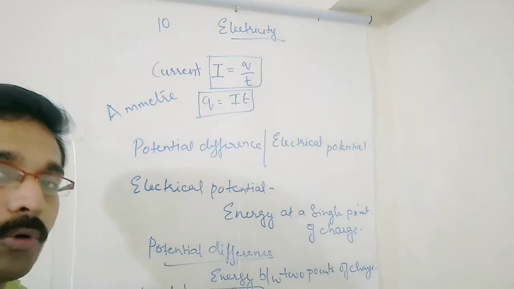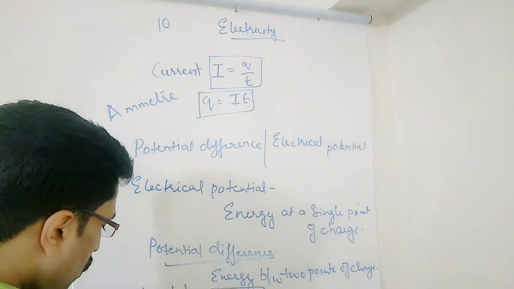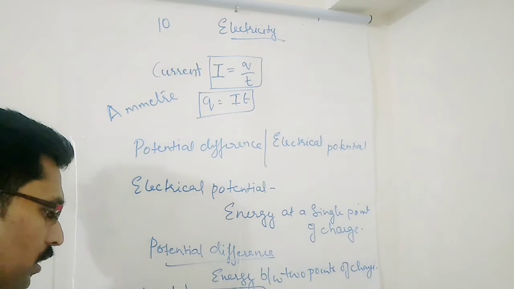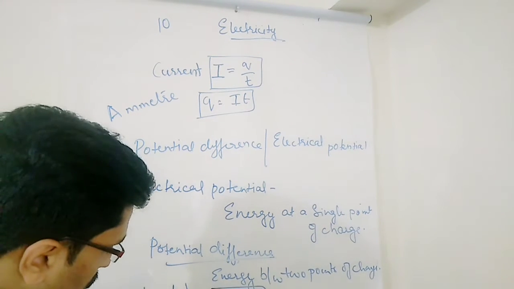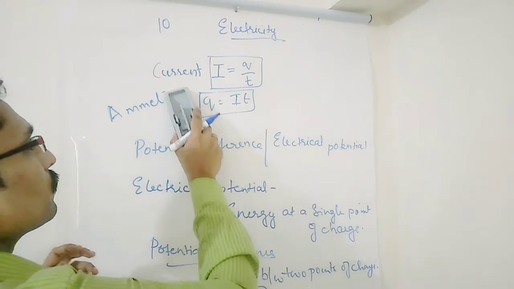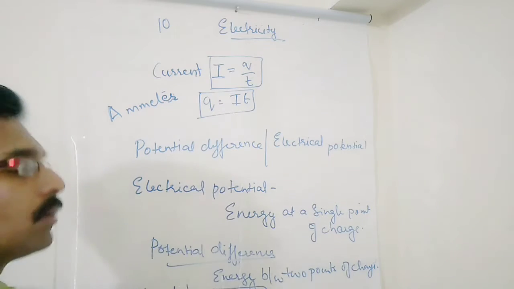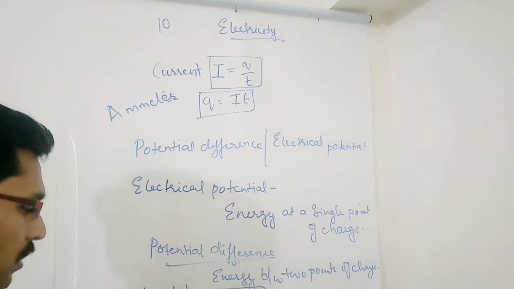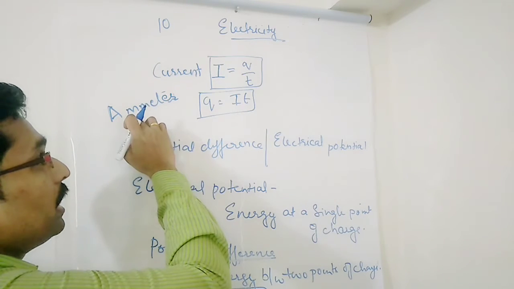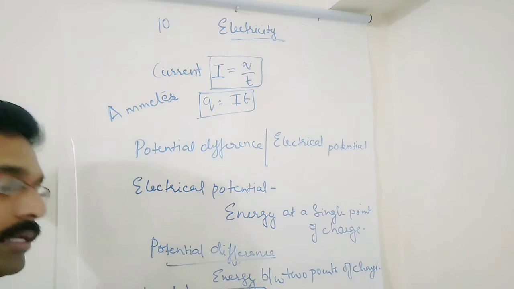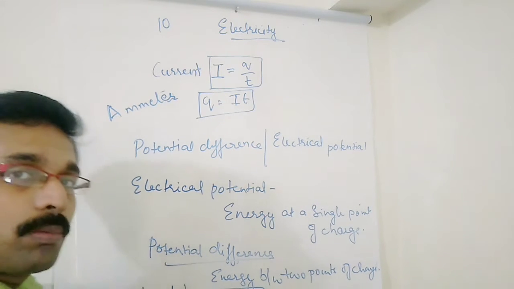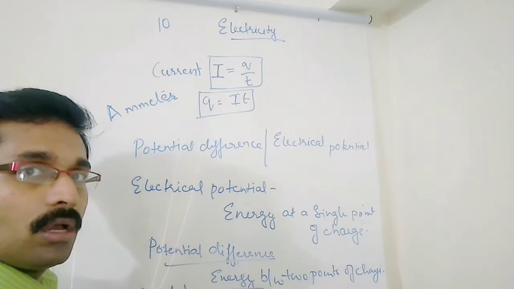And the device used to measure potential difference is known as the voltmeter. Please check the spelling: it is METER, not METRE. Everyone gets confused, it is actually AMMETER, and both voltmeter and ammeter end in TER. So voltmeter is used for potential difference, whereas ammeter is used for current.